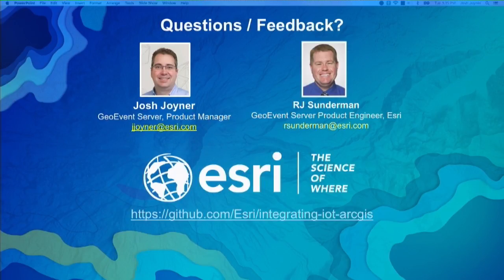We are excited to also announce with the 10.6 release, we replaced some of the back-end messaging system that was used. We've gone from a RabbitMQ-based messaging queuing system to a Kafka-based system that allows us to scale out more efficiently than we had in the past.